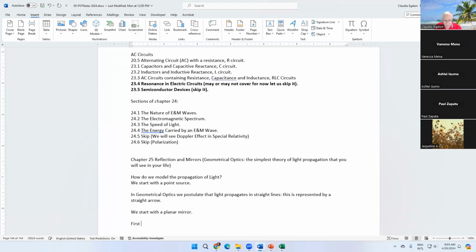First, we draw a mirror with one of its sides hatched. The hatched surface does not reflect light.